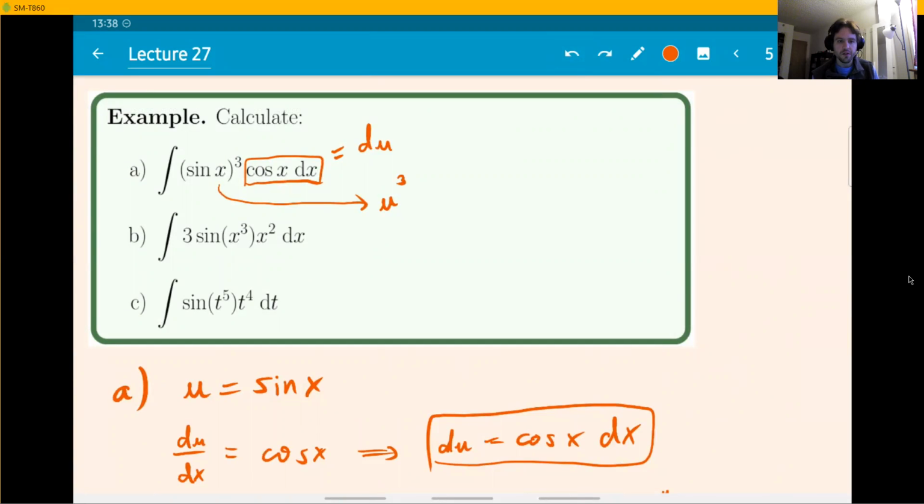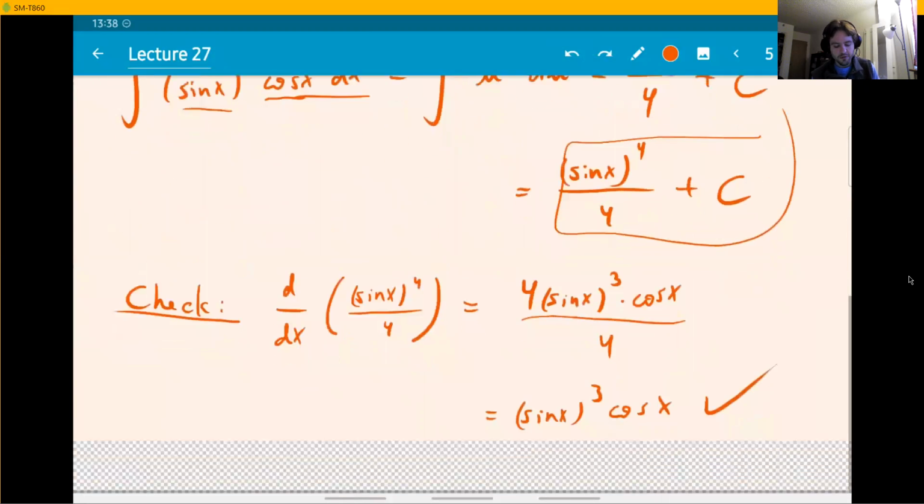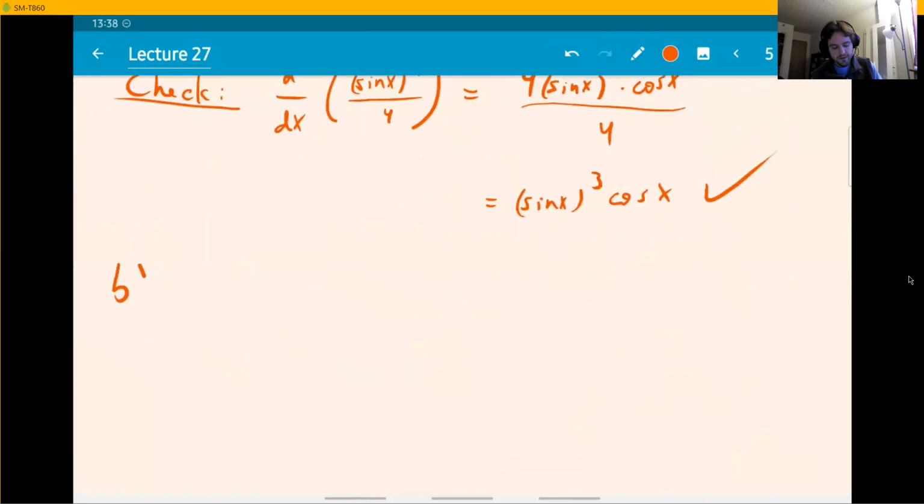Item B, 3 sine of x cubed times x squared. Once again, you look at this and you recognize a composite function, sine of x cubed. What is also helpful is that the derivative of the inner function appears in the integral. You have x squared times 3.